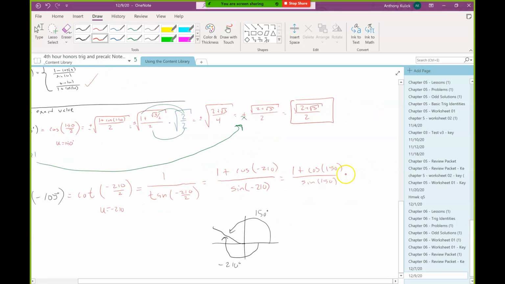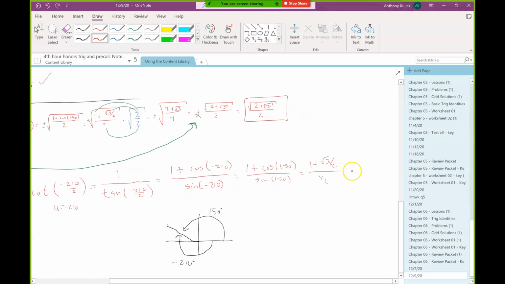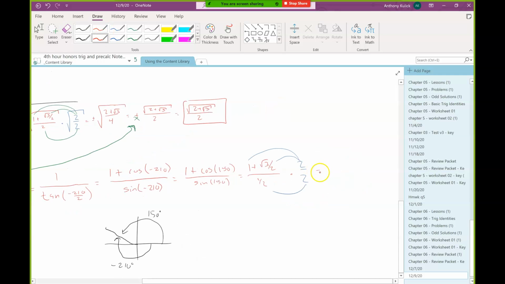And cosine of 150 we've already done. And sine of 150 is a half. And then I'll just multiply the top and bottom by 2 over 2 to get rid of the complex fraction. So when I do that, I get 2 plus root 3 over 1, or just 2 plus root 3.